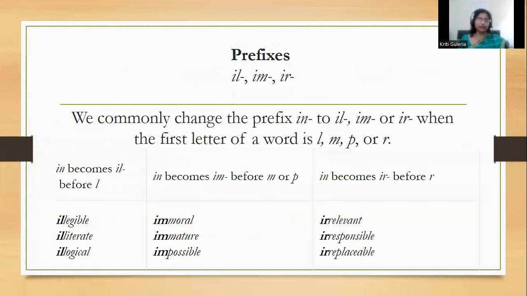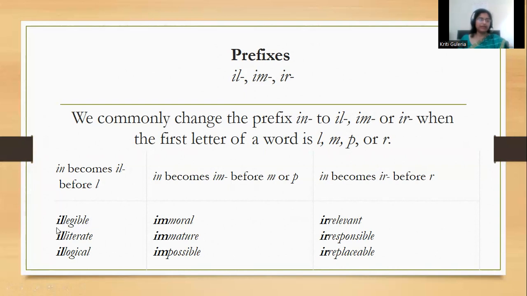Next, when we add il, im, or ir, we commonly change the prefix in to il, im or ir when the first letter of the word is L, M, P, or R. For example, if we have the word legible, legible starts with L. So apart from in, which comes in a negative sense, it will become il.